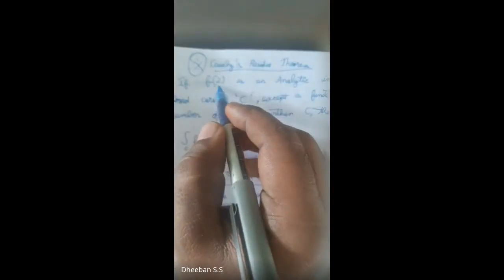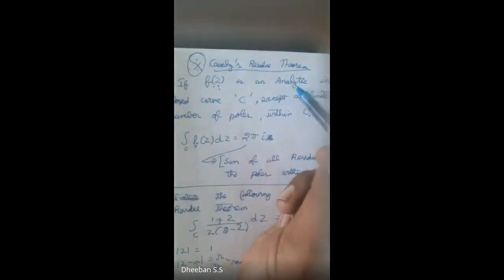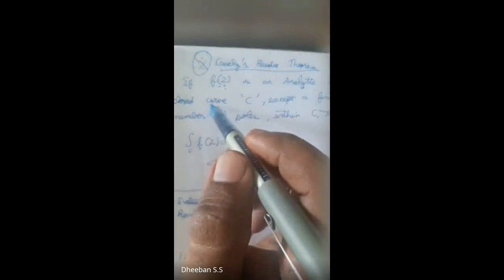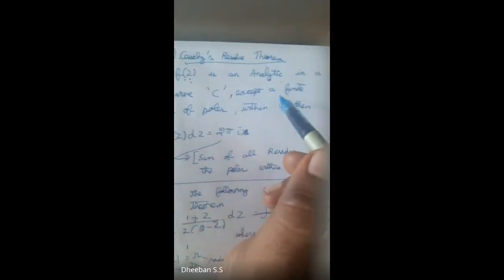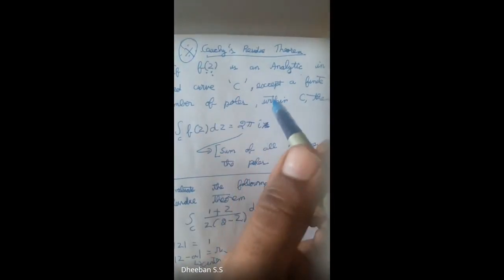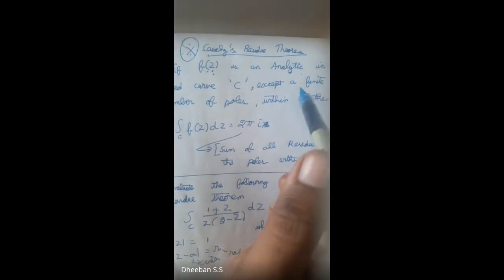They're saying if f of z, which is nothing but your discrete function, is an analytic function, analytic in a closed curve C, except for a finite number of poles within C, then as per Cauchy's residue theorem you can find the solution.